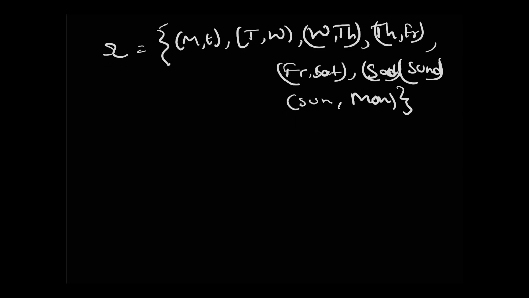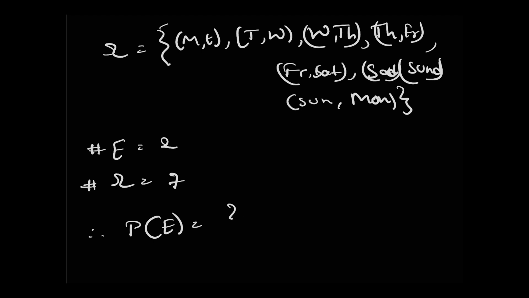So the cardinality of the event equals 2 and the cardinality of omega equals 1, 2, 3, 4, 5, 6, 7. Therefore, the probability that event E occurs is equal to 2 by 7.